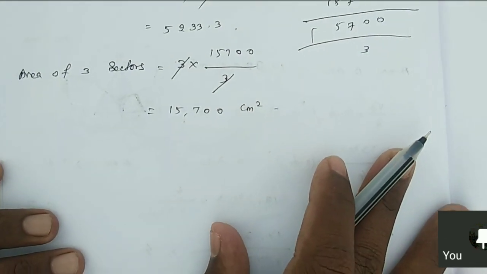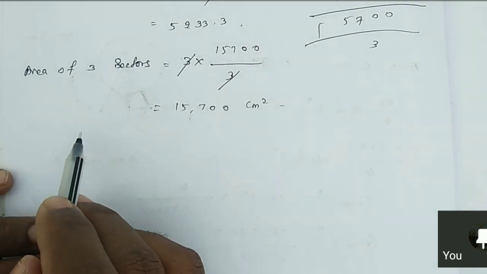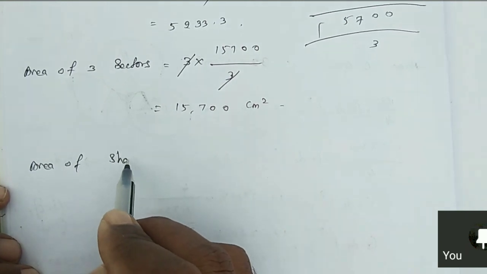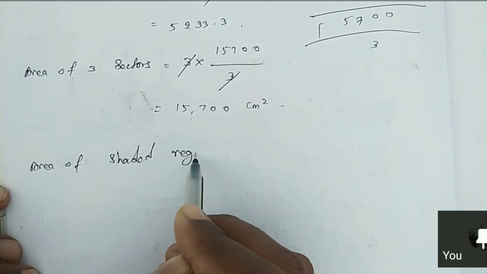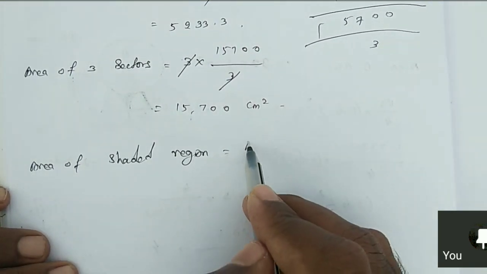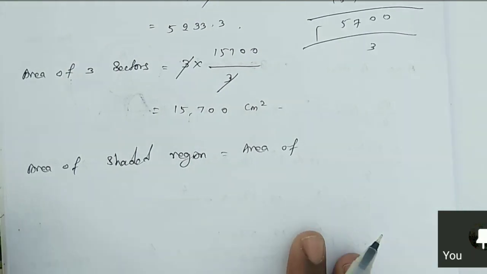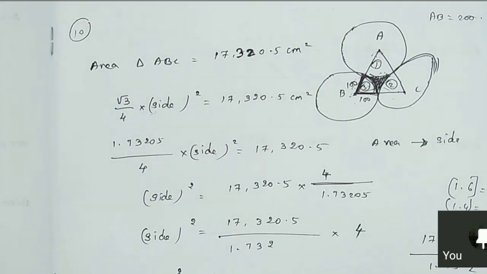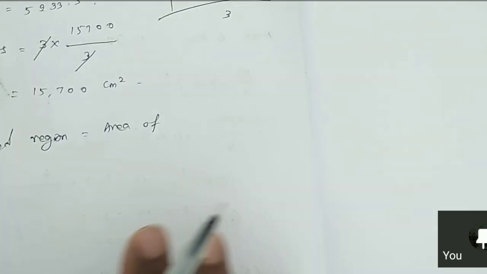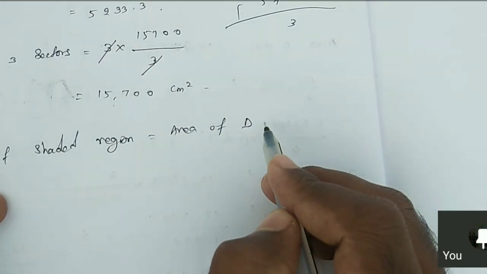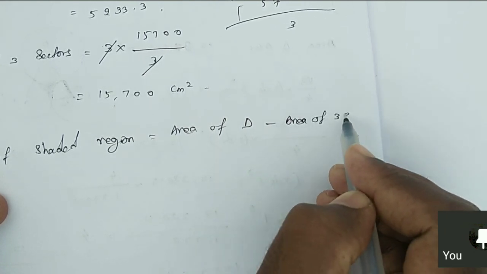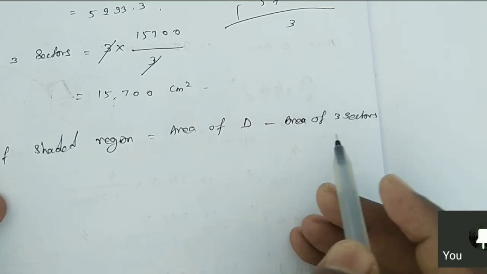Are you all clear? Okay. Now area of shaded region equals what? Area of the shaded part is area of the triangle minus area of the 3 sectors, right?